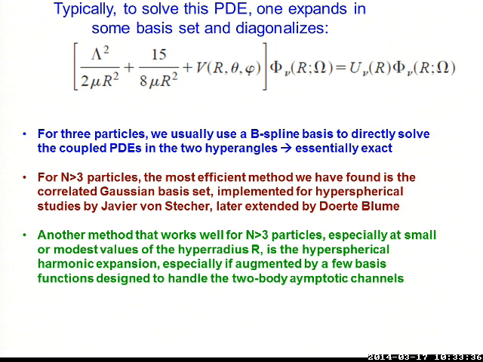But I think it looks promising that we can go and do a few more particles. Some people like the Kievsky group or Nir Barnea have made progress using hyperspherical harmonics. We also toyed with this in the 80s, but I've mostly abandoned this method except for exploratory studies.